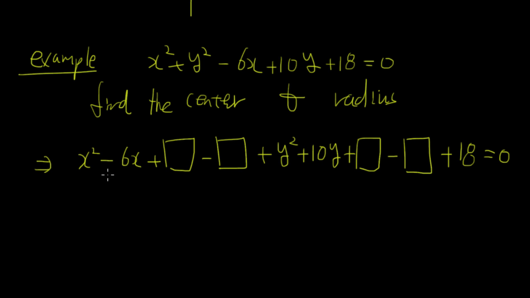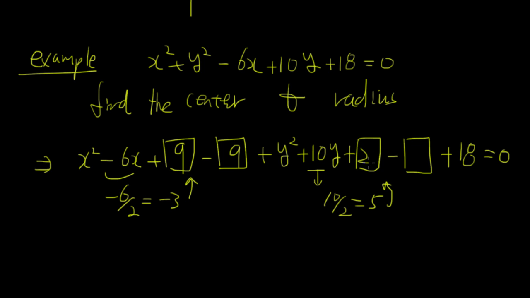Alright, so this number will be negative 6 divided by 2, which is negative 3. We square, so it'll be 9 and 9. This number is from 10 divided by 2, 5 squared, 25, 25.